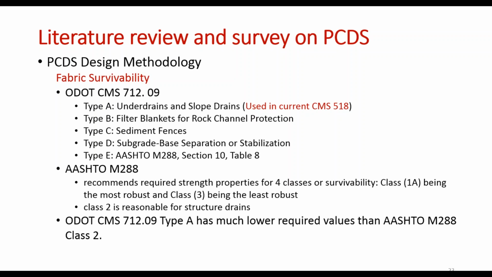Class 1 is the most robust, and class 3 is the least robust. The current Type A from ODOT is similar to class 3, and class 2 is, we think, more reasonable for structural drains. When we compare these two criteria, we found that the current ODOT Type A has much lower required values than class 2.